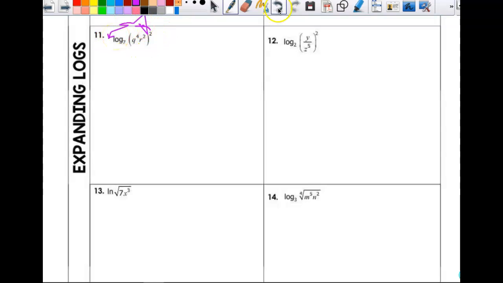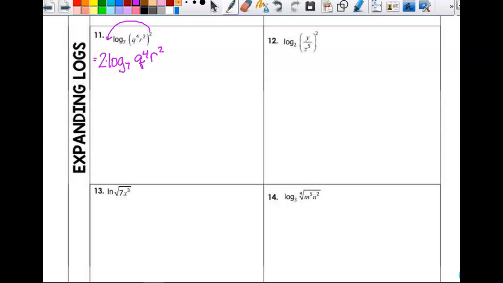Bring that 2 out front, like so. Okay, so this is going to give me 2 log base 7 of q to the 4th r squared.